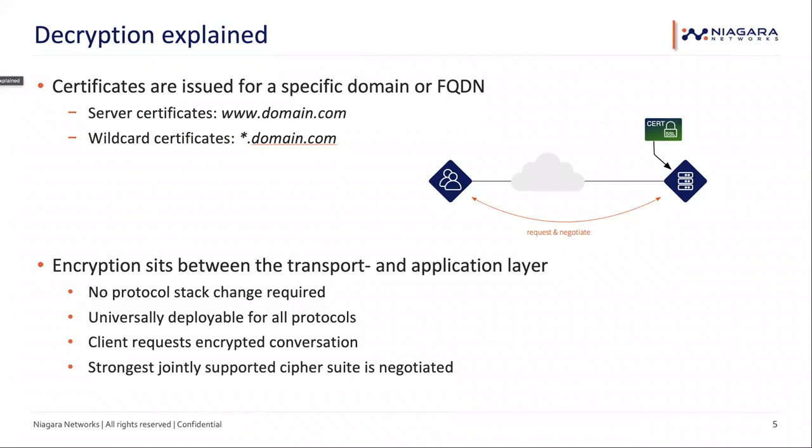Very important, encryption sits between the transport and the application layer, which means that we don't need any new protocols to start communicating in an encrypted way. This TLS encryption, we often know it for HTTPS, going to an encrypted website, but this encryption can be universally deployed for any protocol.